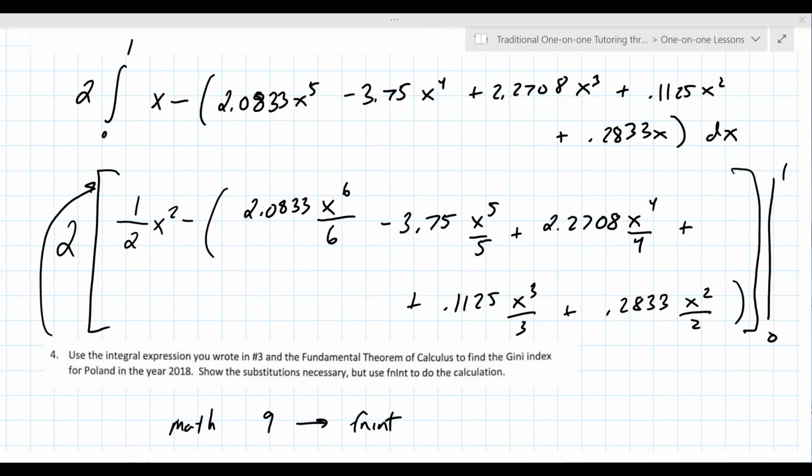I don't remember. X squared over, okay, I'm thinking about it. And evaluate it at 0. Times 2. All right, I finished that up.